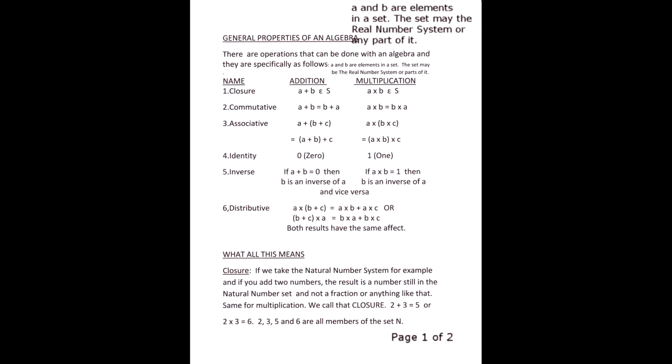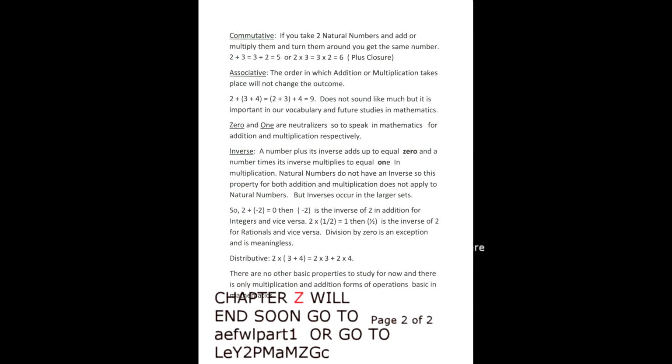And in multiplication, the inverse for A might be like 3 multiplied by a third is equal to 1. So 3 and a third are inverses of each other. Division by 0 is an exception and is meaningless.